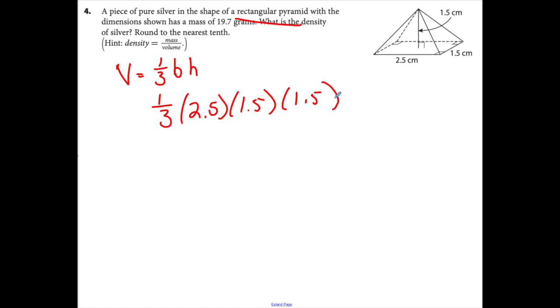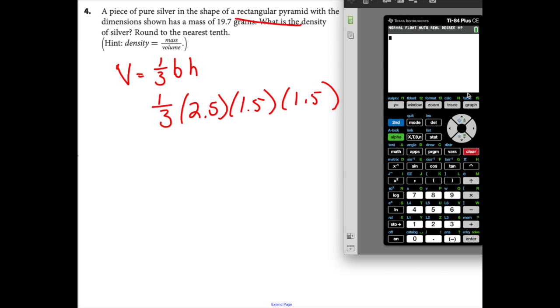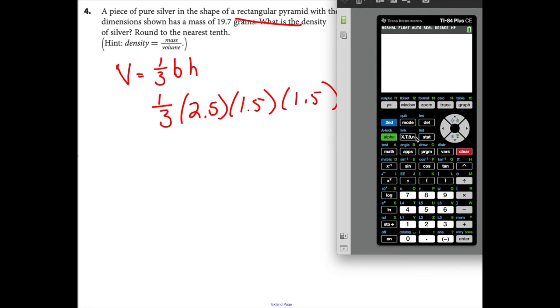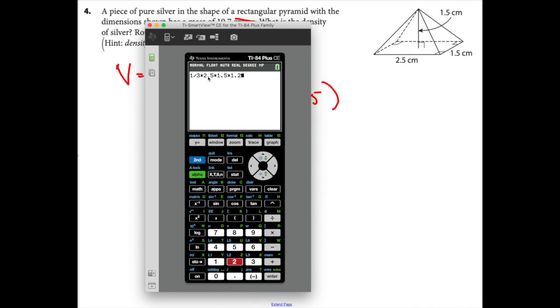All right, let's go ahead and get this set up in our calculator. All right, folks, here we go. I've got my calculator here, and let's plug away at this one. So I've got 1/3 times 2.5 times 1.5 times 1.5, right? 1/3 the area of the base times the height.